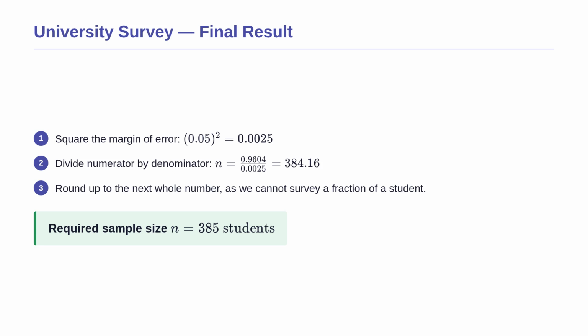Finally, we divide the numerator by the denominator, giving exactly 384.16. Since we cannot survey a fraction of a student, we always round up. Therefore, our final required sample size is 385 students. This proves the incredible efficiency of a well-calculated sample design.